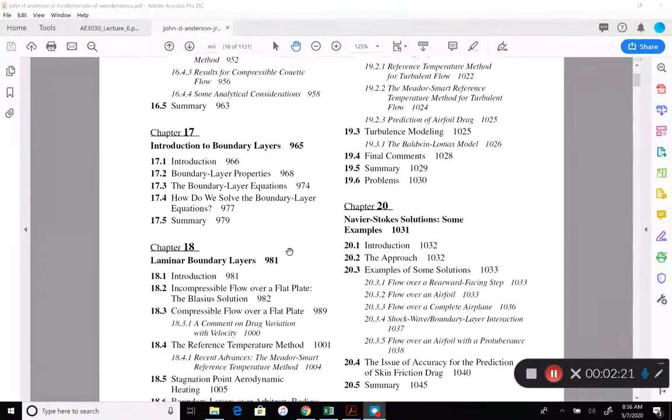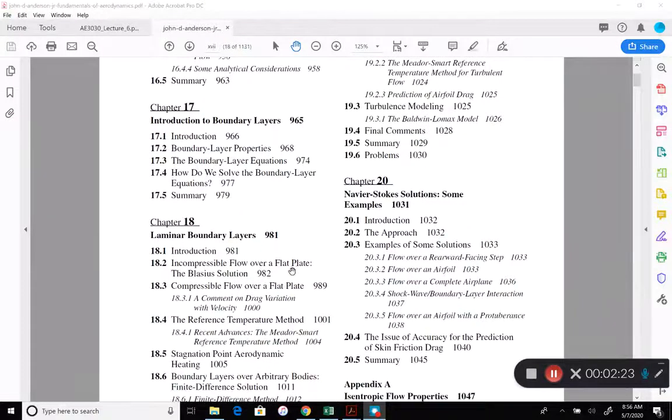Now we are going to briefly talk about an exact solution or a numerical solution to flow over a flat plate that Blasius did. It's an incompressible flow, and it's not very intricate mathematically, but there are a lot of mathematical steps. We will not treat this as a mathematical problem. We will treat it as how he did it.